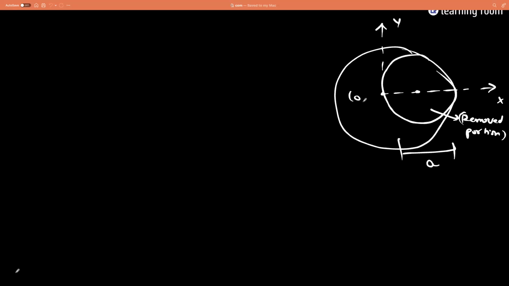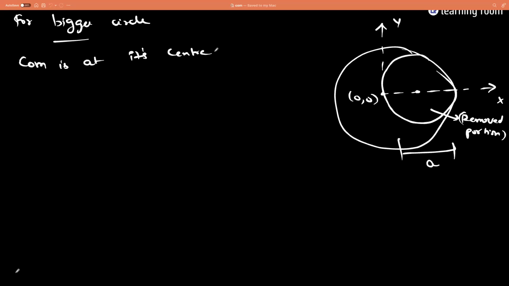So you can take this to be the origin. Now if you see, for the bigger circle, where is going to be the center of mass? Center of mass is at its center, which is going to be 0, 0.